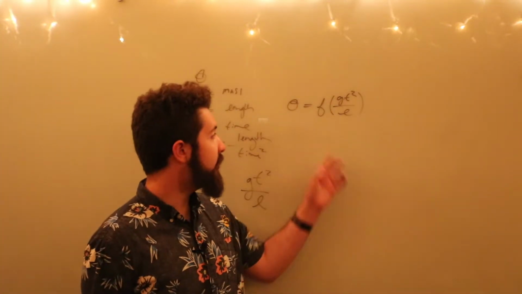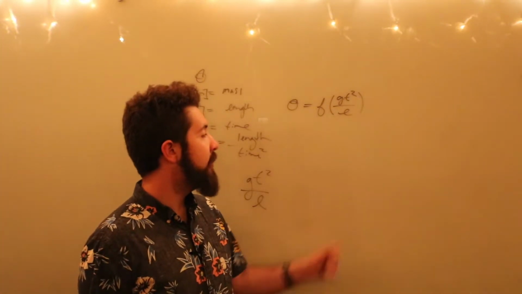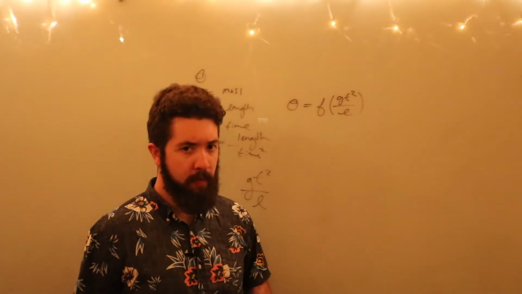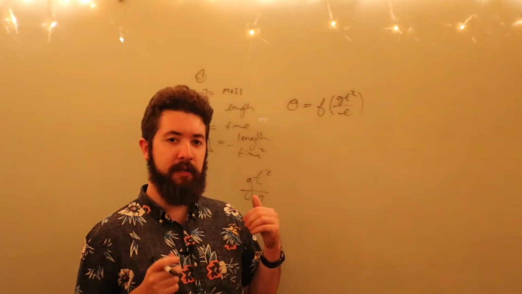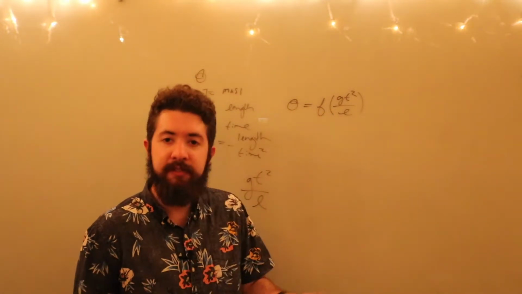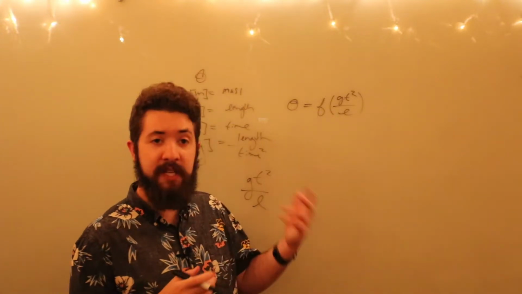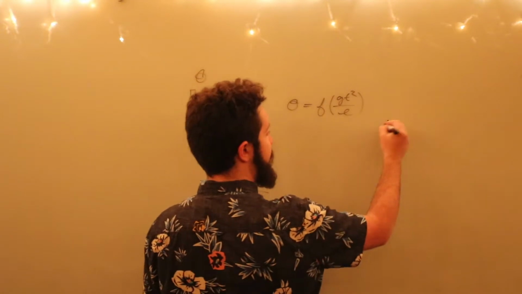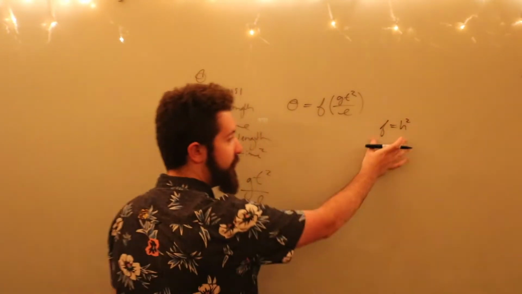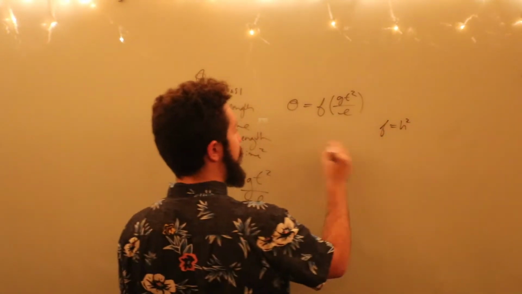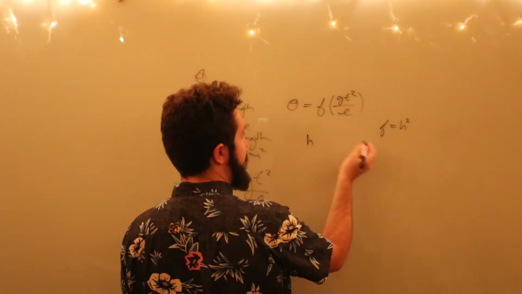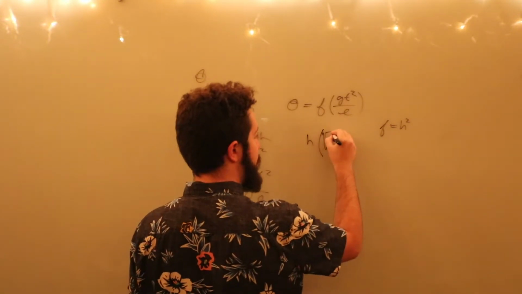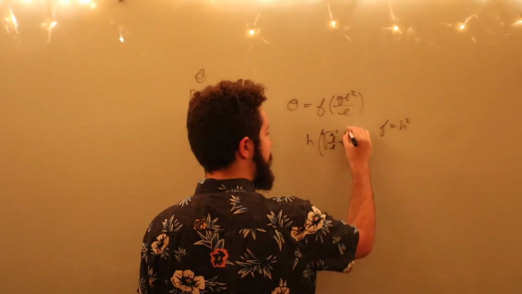All right, now if we take a look at this arbitrary function f, it is a function of t squared. But we're not really interested in knowing the angle as a function of t squared. We're interested in knowing it as a function of t, right? So because f is arbitrary, we can just say it's equal to some other arbitrary function squared, where h is going to be a function of root g over L times t.